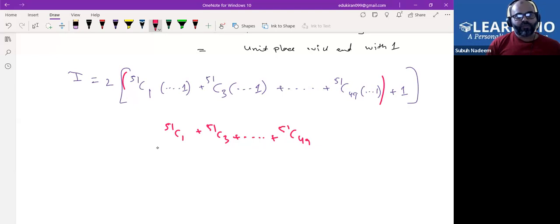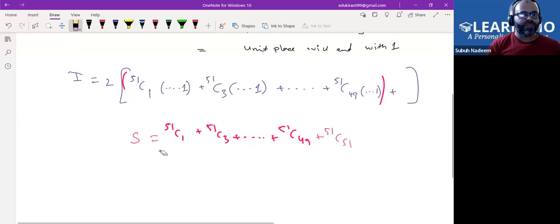The unit place we have to find out. So what we will do here is, let us suppose this sum is S. So there is a result. Let us add 51C51 here. In fact, we can write this one as 51C51 and include this also.